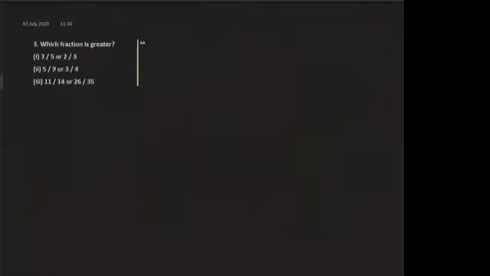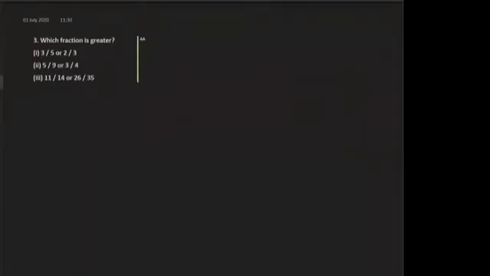Clear, students? Question 3 on your screen. Which fraction is greater? You have to compare the given fractions in this question. You have to tell if 3 upon 5 is greater or 2 upon 3 is greater. In order to compare the given fractions, you just do the cross multiply.